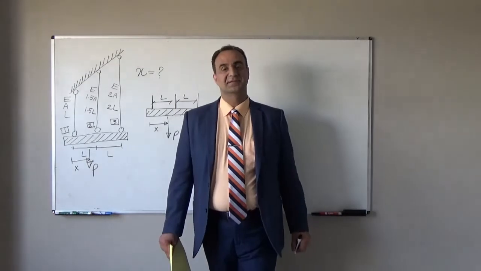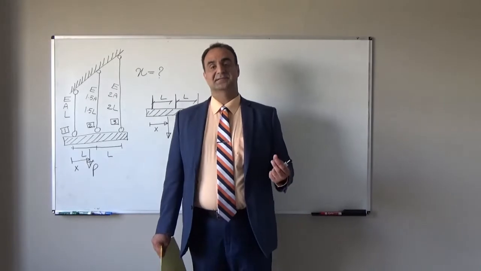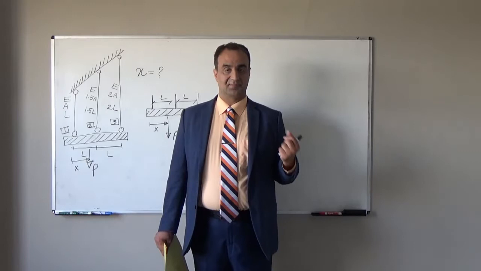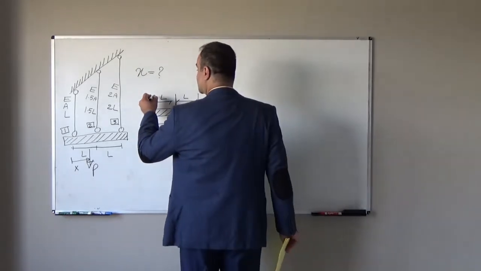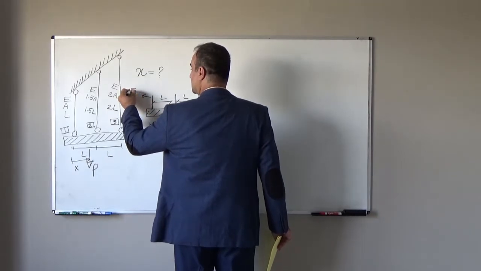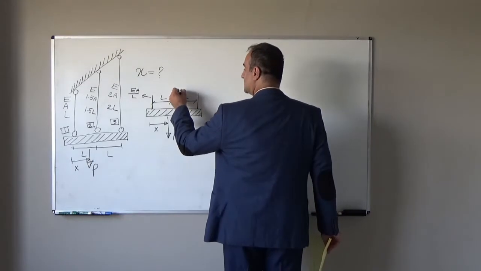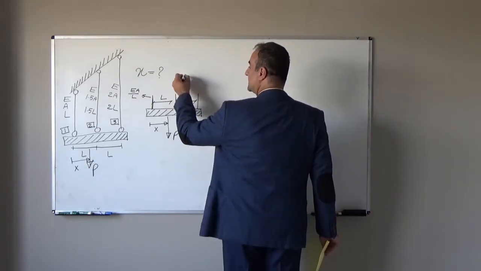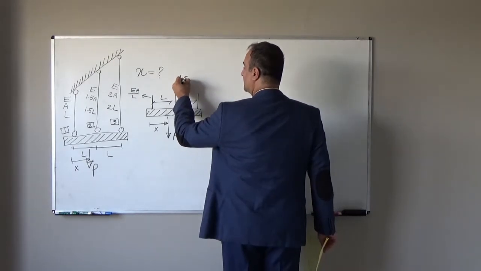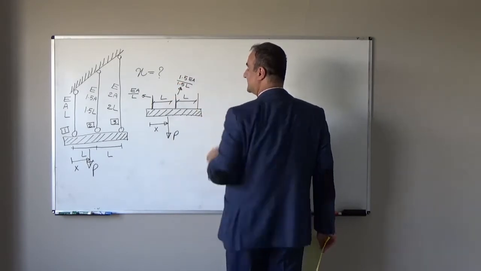Let's look at the stiffness of each bar. Axial stiffness is equal to Young's modulus times cross-sectional area divided by length. So for this one, axial stiffness will be EA over L. For this one, axial stiffness will be 1.5EA over 1.5L.